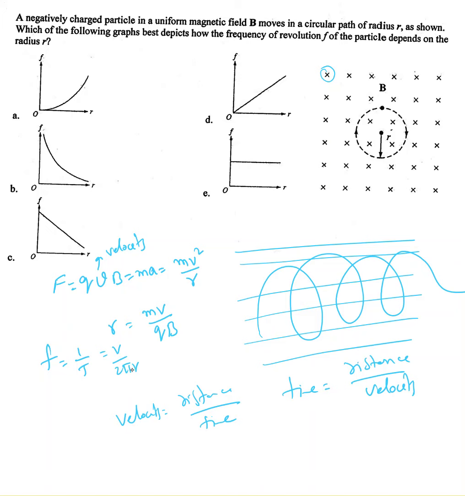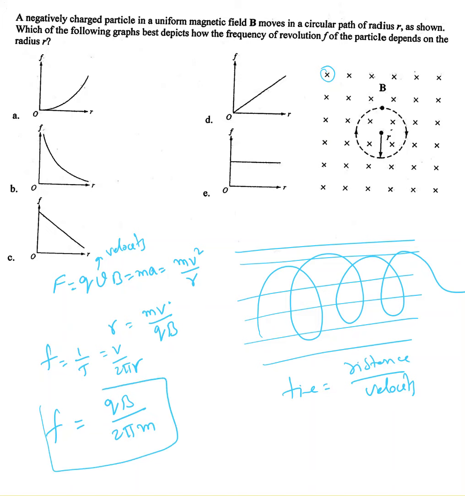The distance it is traveling is 2 pi r, the circumference of the circle. So I'm going to replace v using the radius expression, and I end up with f equal to qB over 2 pi m.